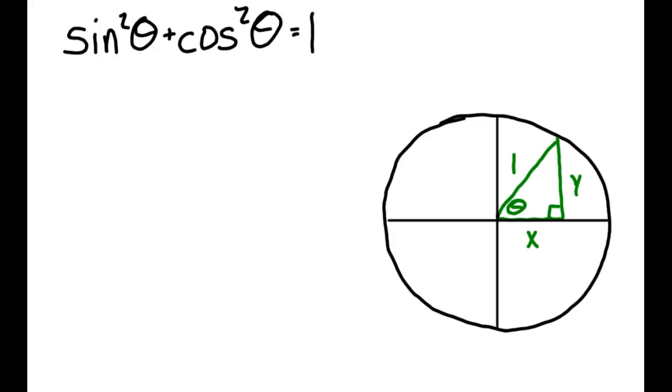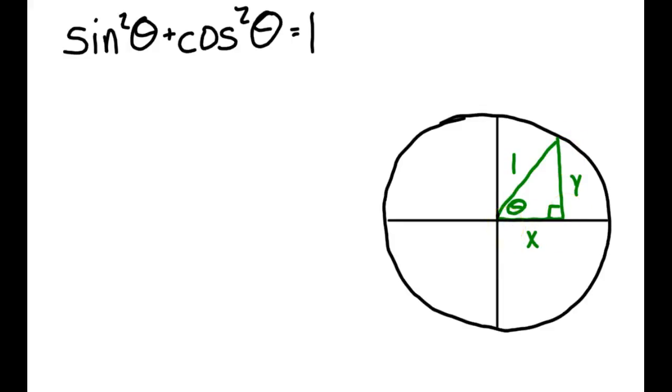The first identity we're going to discuss is the Pythagorean identity, which is sine squared theta plus cosine squared theta equal to 1. We can go through a short explanation on where that identity comes from. If we think about the unit circle and construct a right triangle, it's called the unit circle because the radius is 1, so the hypotenuse of this right triangle would be 1. We have our length y and the length x.